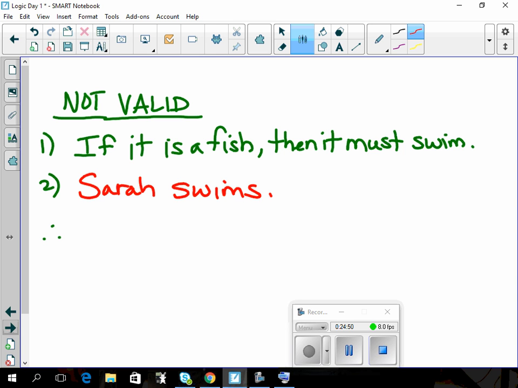Okay? Why is that not valid? Because what is it talking about? No, it's talking about the second part. Look at your notes. What is the second? It has to talk about being a fish, doesn't it? Does that make sense? This is not valid because it's talking about the wrong part. Are we okay with that? Not valid.